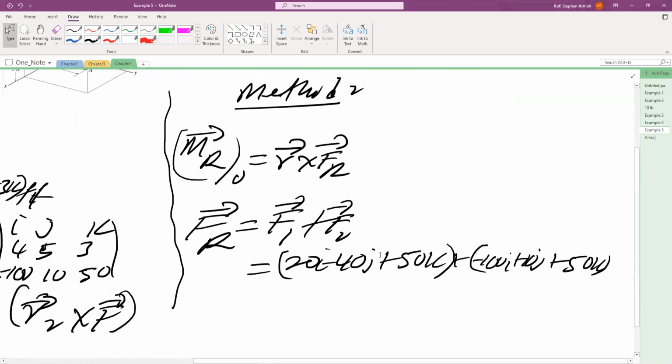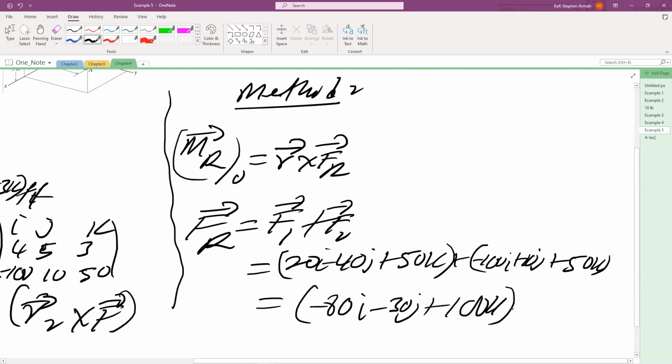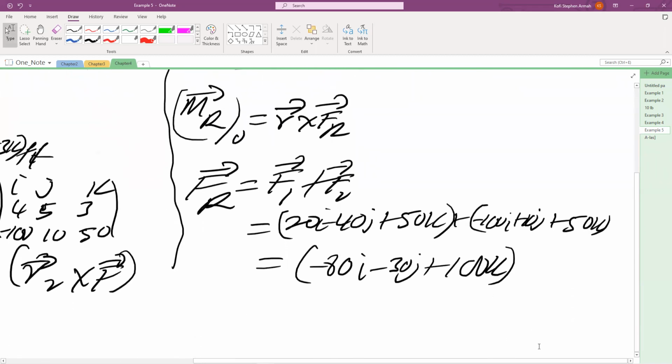Then you collect your terms. This and this is minus 80i. This and this is minus 30j. And this is 50 plus 50, which is 100k. And this is in newtons or pounds? Pounds.